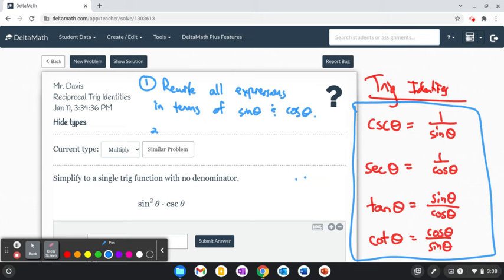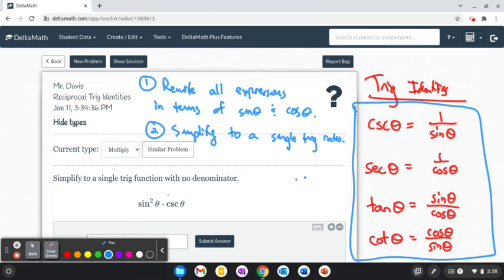And then we're just gonna simplify to a single trig ratio. Now it's not always going to be super obvious how we're going to simplify it. It is always going to be possible though. You're always going to be able to simplify this into just a single trig function. It could be secant squared, or it could be sine, or it could be cotangent, but it's going to end up being a single trig function with no denominator.